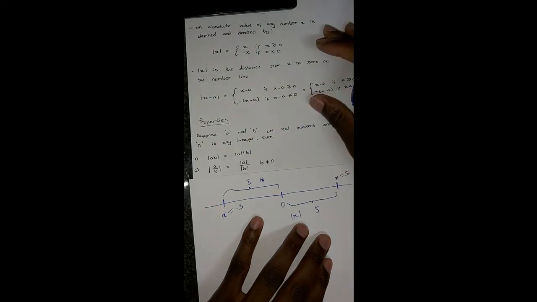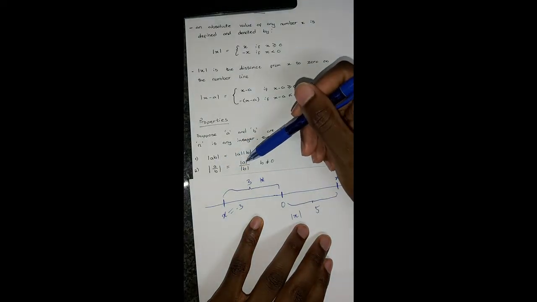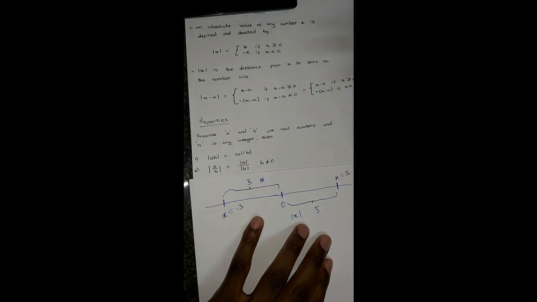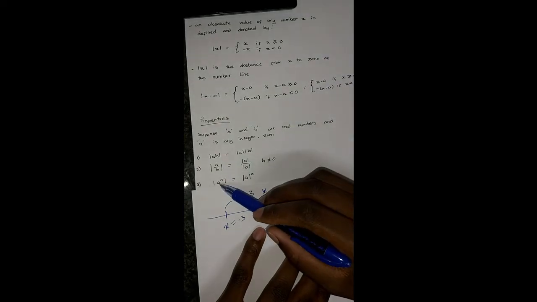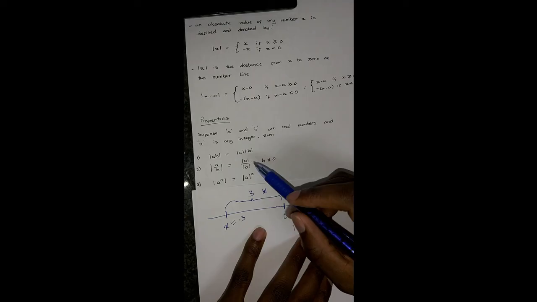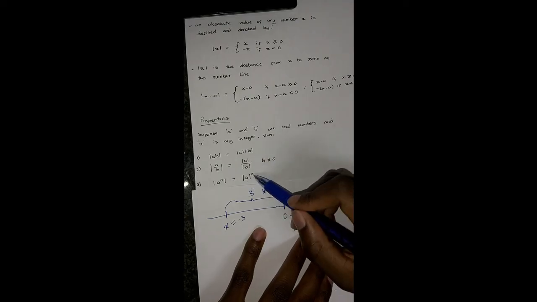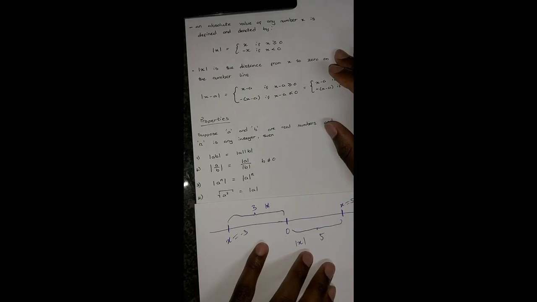And the absolute value of a over b is equal to the absolute value of a over the absolute value of b, whereby b is not equal to 0, because once it's equal to 0, then it's indeterminate. Okay, so the third one, modulus of a to the power of n is just equal to the absolute value of a to the power of n. So you can take the power n outside the modulus function.